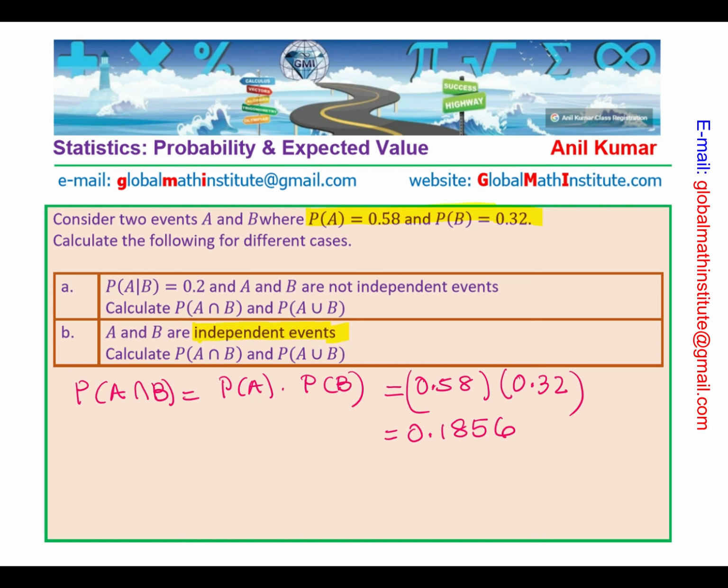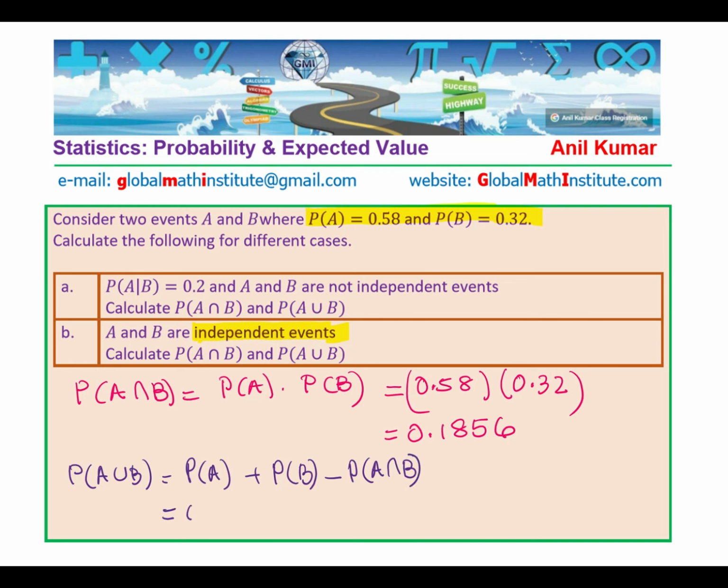Now, let's find the probability of A union B. So, probability of A union B will be probability of A plus probability of B minus probability of A intersection B. So, that is equal to 0.58 plus 0.32 minus 0.1856.